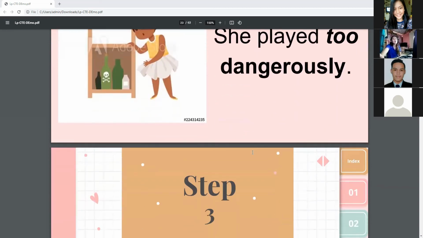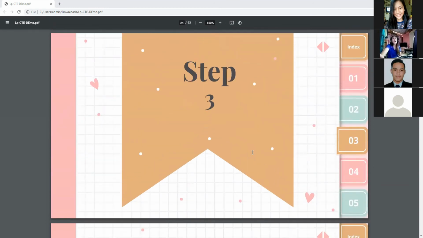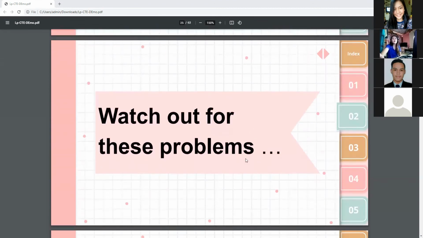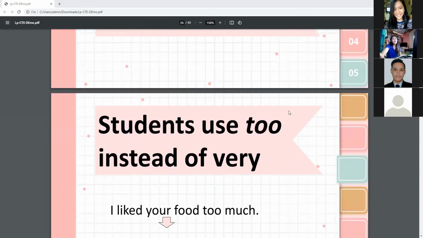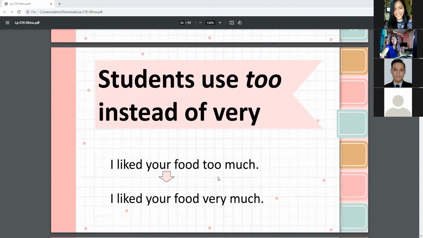Okay, for the next one, we have to watch out for these problems when we are using the word "too." Some students use "too" instead of "very."